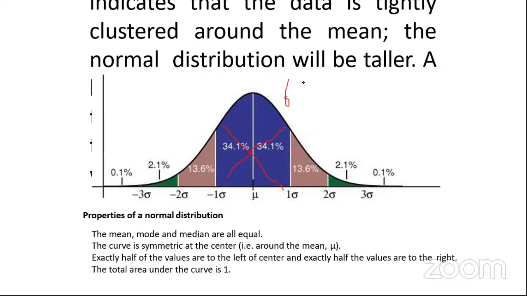That's 68%. And the 95% will be from here to here. And you see plus or minus the standard deviation that we have indicated. So that is what we see with respect to the probability distribution and how we can manage it.